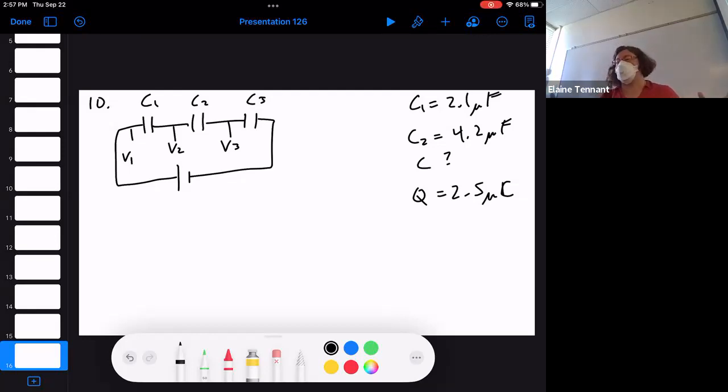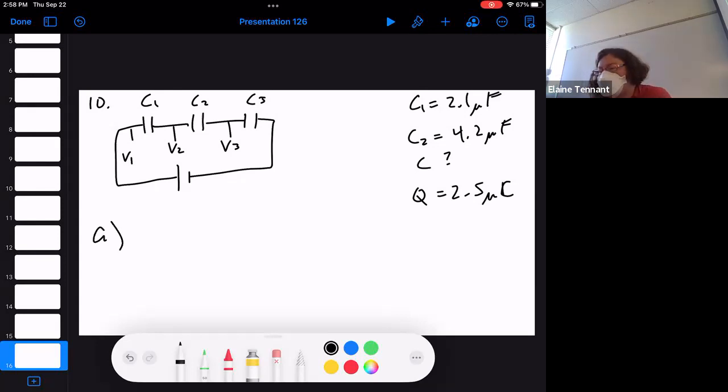I couldn't really say what the voltage on each capacitor is, just that it adds up to the voltage across the battery. But I do know that the charge on each capacitor has to be the same, because as charge is going through that circuit, the same charge is going to hit each capacitor. So when we say the charge is 2.5 microcoulombs, that means the charge on each capacitor separately. I like this problem a lot.